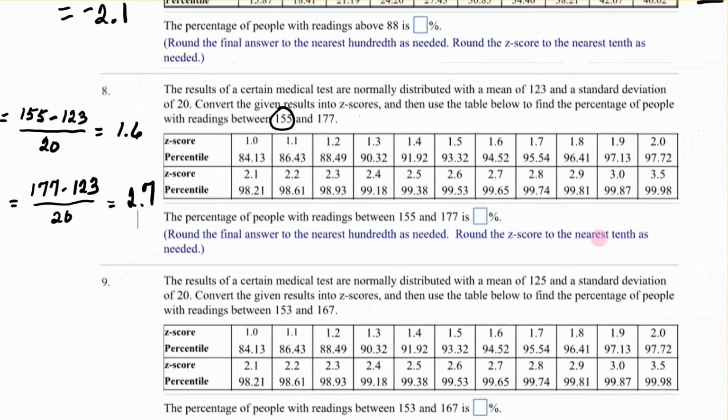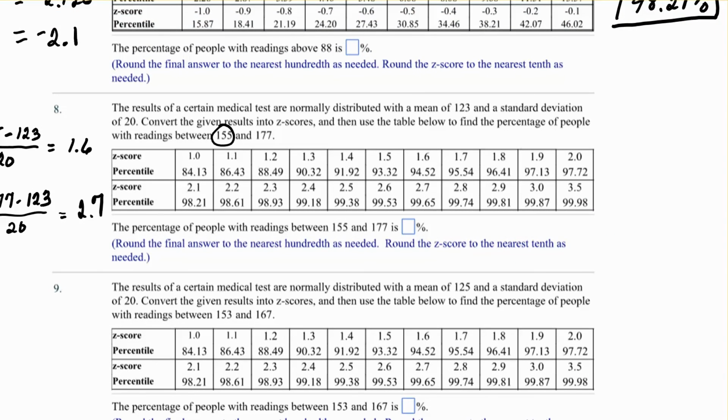So I need to now find the percent between 1.6 and 2.7. And we talked about earlier, to find the percent between, you take the larger one, 99.65%, and subtract the smaller one, 94.52%, and that gives us 5.13% between them, and that's my answer.